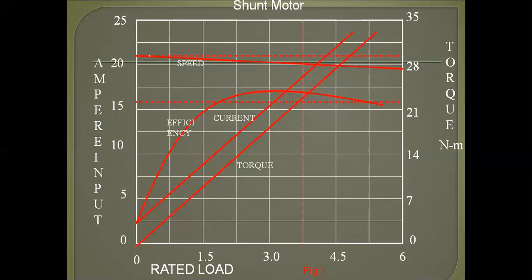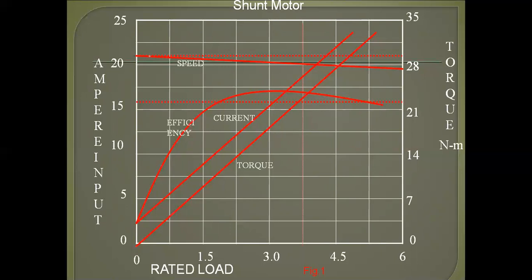Since flux is considered to be constant in DC shunt motor, with increase in armature current the speed slightly falls due to increase in voltage drop in armature, and the speed-armature current curve coincides with the back EMF-armature current curve.